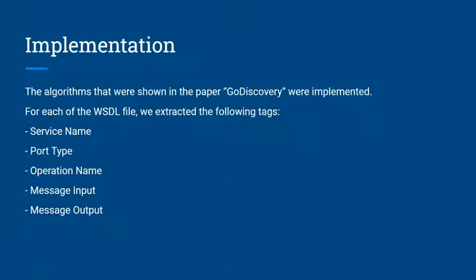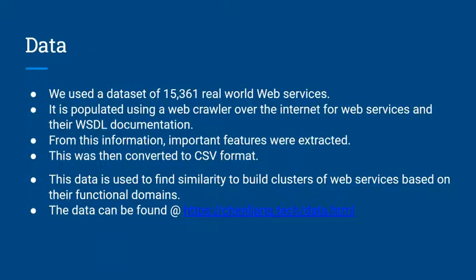So for this particular implementation, we have a set of around 15,000 WSDL files, and we have extracted data from the following tags: service name, port type, operation name, message input, and message output. By extracting the data, what I mean is we are extracting only the meaningful keywords by removing all the stop words.